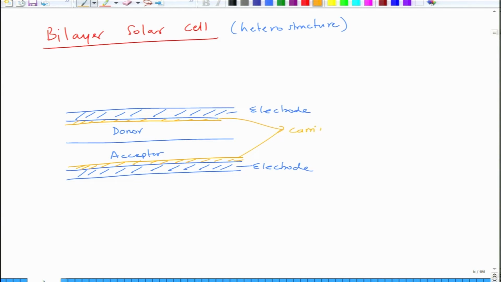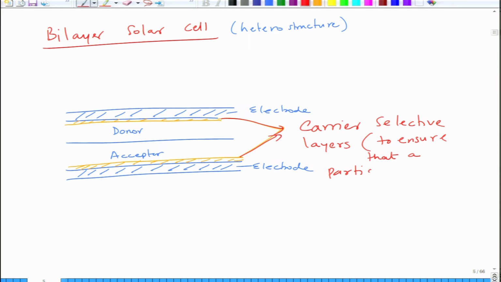These are carrier selective layers such as hole transporting, to ensure that a particular carrier reaches the electrode, right. So basically you can have electron selectivity and hole selectivity.